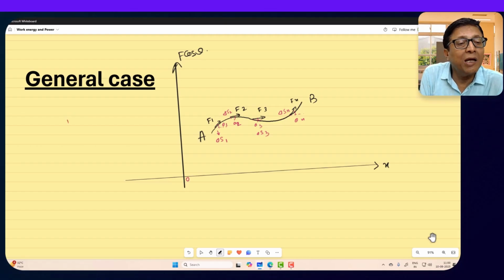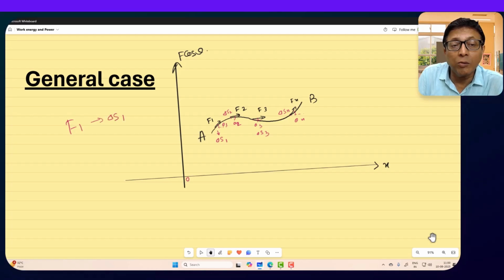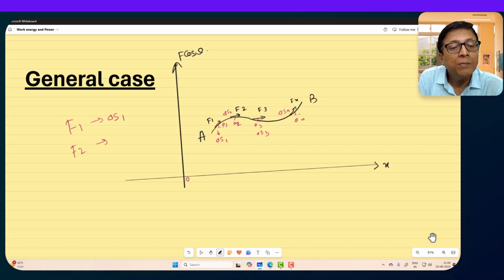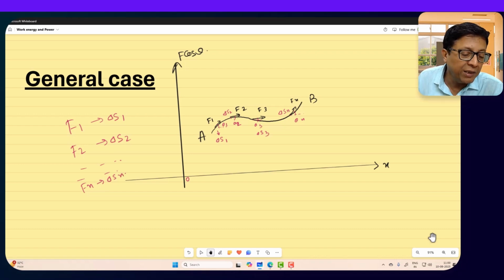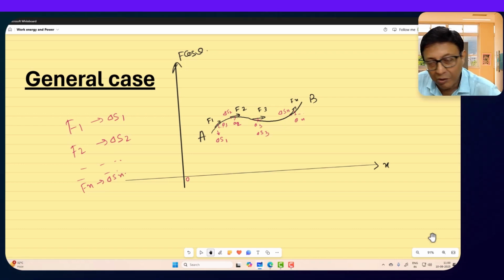And we have assumed that F1 is responsible to displace the particle or the object by delta S1, F2 by delta S2, and Fn, force is variable, it moves by delta Sn. Okay? How to calculate work done in this case?